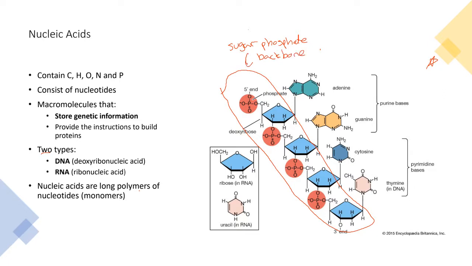Because it's made of sugars and phosphate groups, and it's always going to be the same pattern: phosphate, sugar, phosphate, sugar, phosphate, sugar, phosphate, sugar, or sugar, phosphate, sugar, phosphate. That's one thing. I'm going to erase, so feel free to pause it.